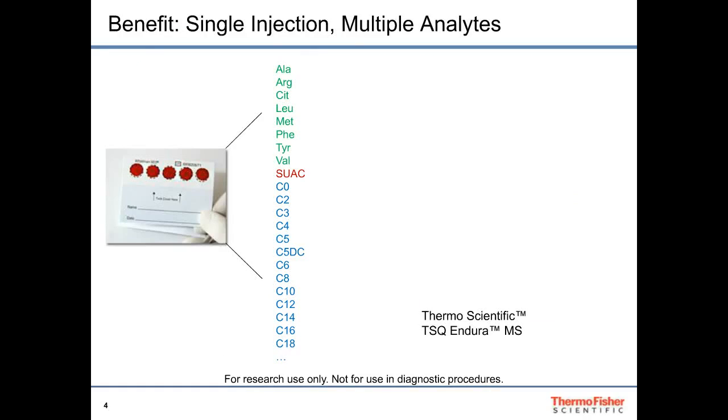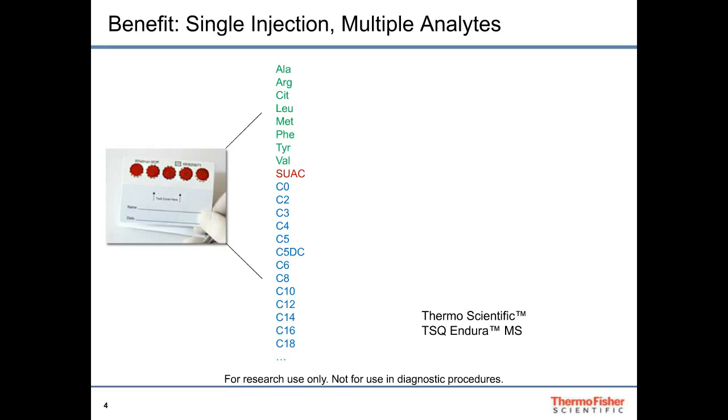Okay. The compounds listed here include amino acids, succinylacetone, that's SUAC, and then there's carnitine itself, which is C0, and the various small chain, that's C2 to C4, and medium chain, C5 to C8, and then there are the long chain and very long chain, that's the C10 to C18.